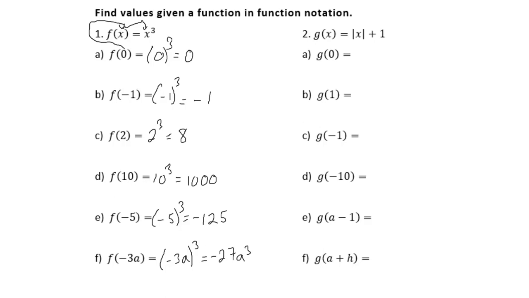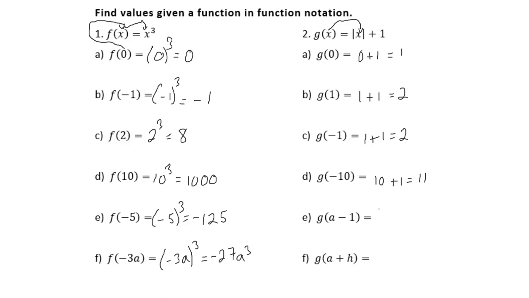All right, so here we're going to take our values of x, plug into absolute value. Remember, for absolute value, it makes everything positive. So 0 becomes 0, so 0 plus 1 is 1. 1 plugged in is 1, 1 plus 1 is 2. -1 plugged in, absolute value of -1 is 1, so it's 1 plus 1, 2. -10 is plugged in, and that gives us 10 plus 1, which is 11.